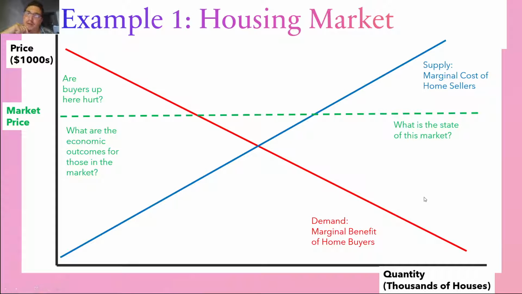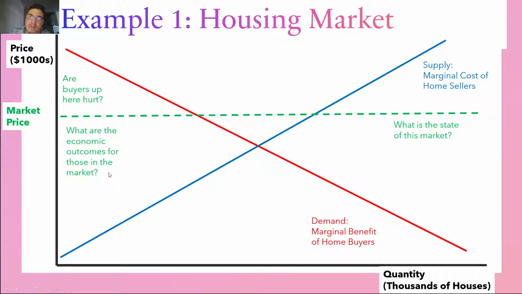Now, let's say we set a market price in this market. That's going to be this green dashed line. I want you to think about 3 questions here. Up here in this region, these buyers will buy because the marginal benefit is above the price. Are they hurt or do they benefit in this market with this market price? Secondly, I want you to think about what are the economic outcomes for this market.